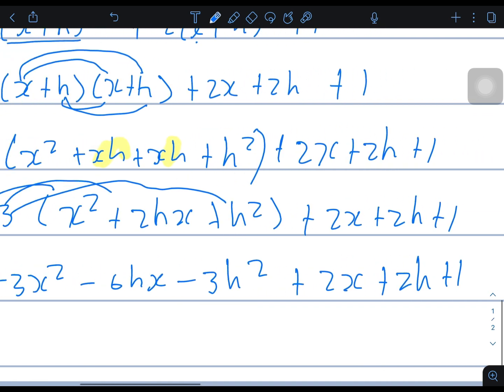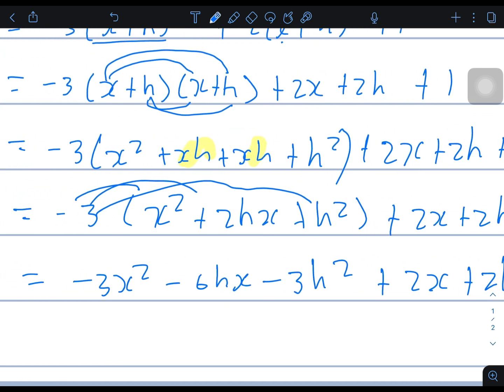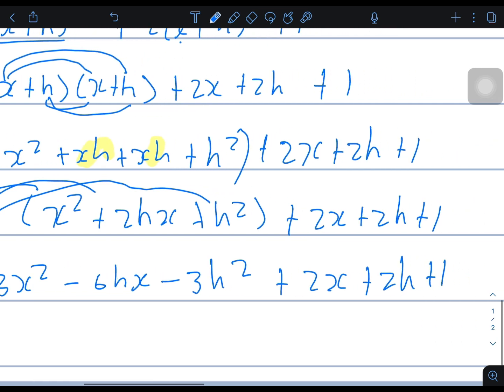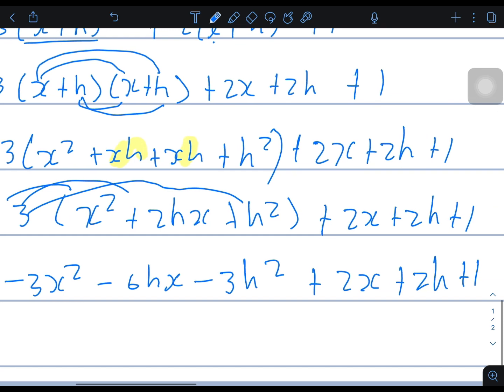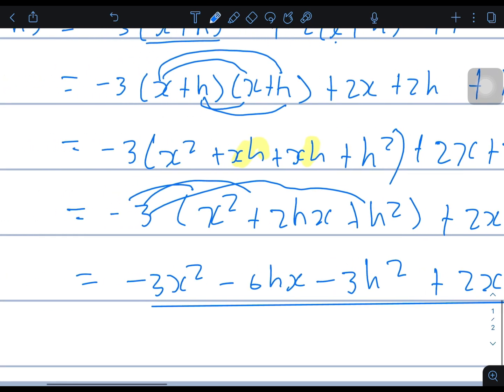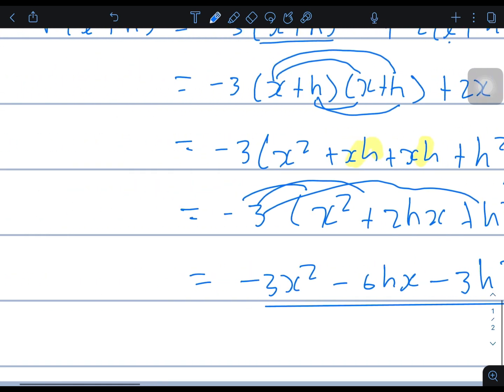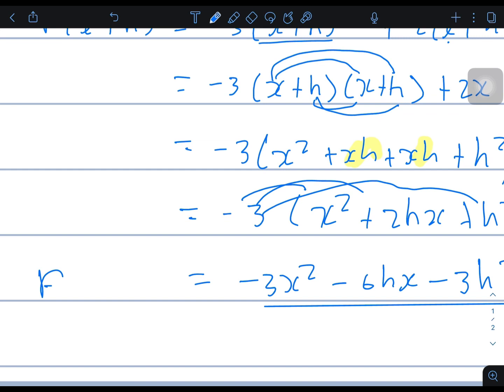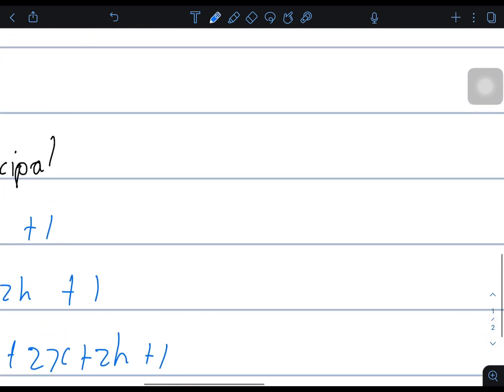Then we check whether we still have other like terms. We see that we don't have any more like terms. So this is our f of x plus h.